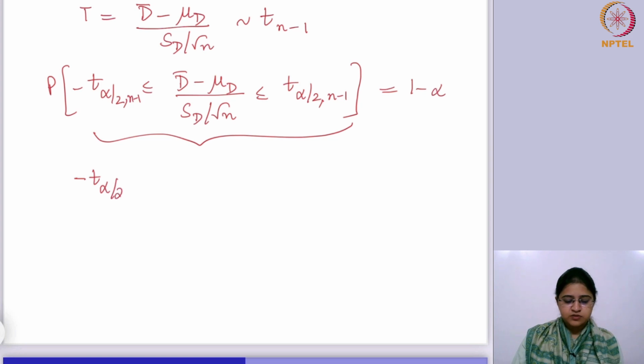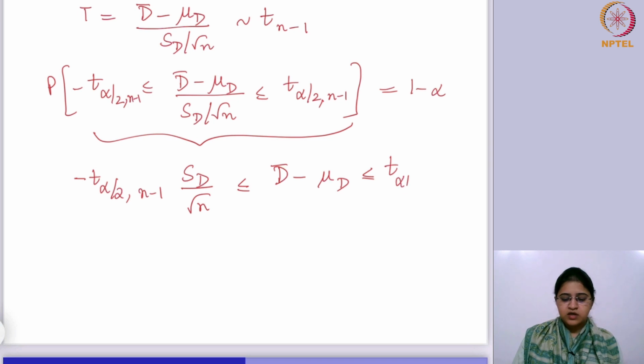Minus T alpha by 2 at n minus 1 degrees of freedom times SD over root n is less than or equal to D bar minus mu D, which is less than or equal to T alpha by 2 at n minus 1 times SD by root n.